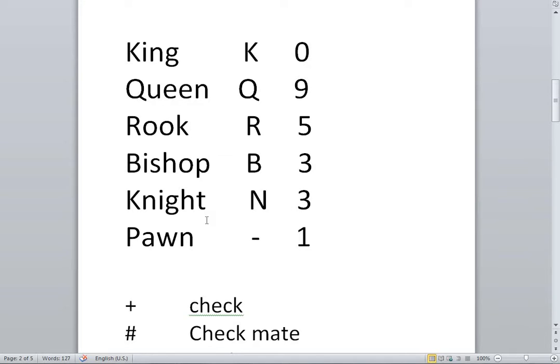And finally comes the pawn or the soldier. The pawn has no sign, so I have written a dash here and it has got 1 point. So what a new player can do, he or she can write this table 5 or 6 times, like king K0, queen Q9. So the person will be habituated.